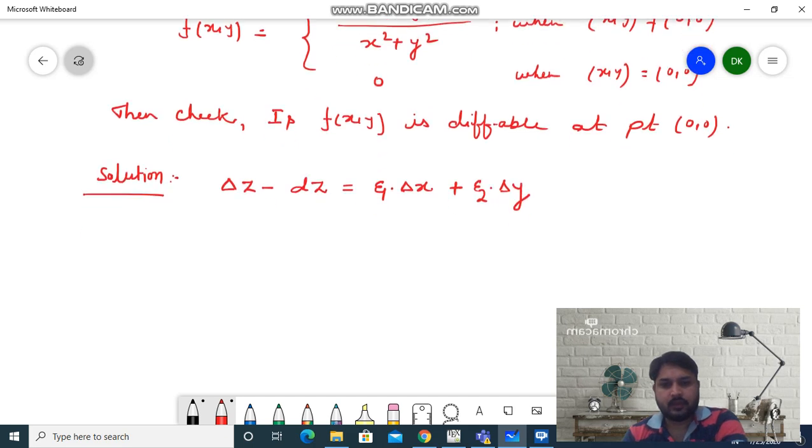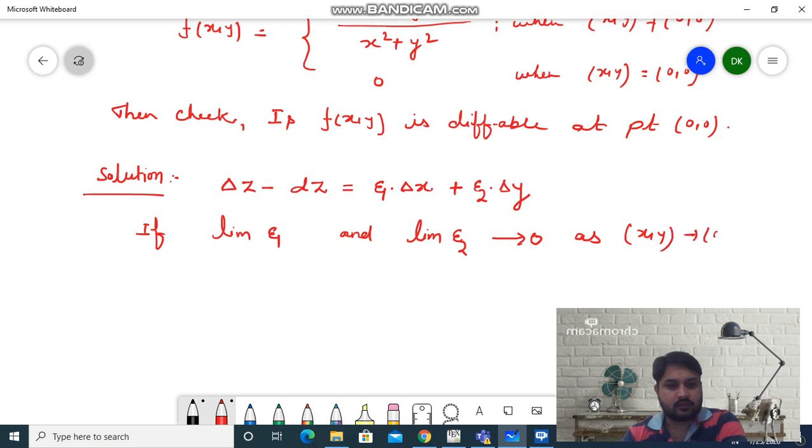If the limit of epsilon 1 and the limit of epsilon 2 both converge to 0 as (x,y) tends to (0,0), then we say f(x,y) is differentiable at the origin.